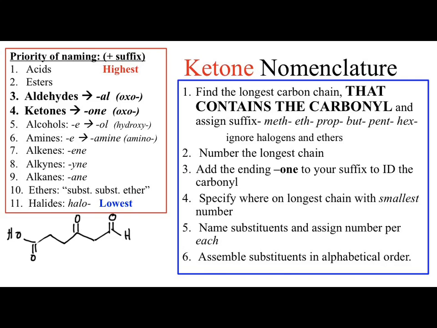So, longest carbon chain. Six carbons, so we're looking at hex. What's our highest priority functional group? The oic acid. Sorry, there's a space in there.